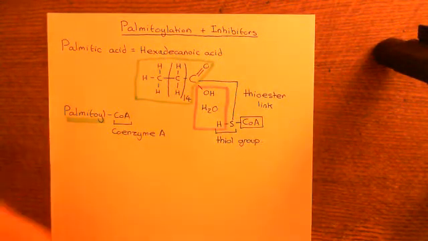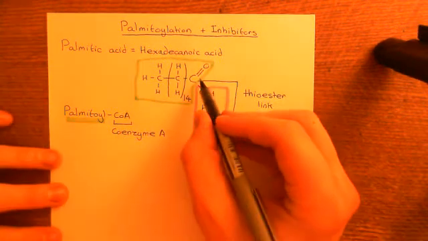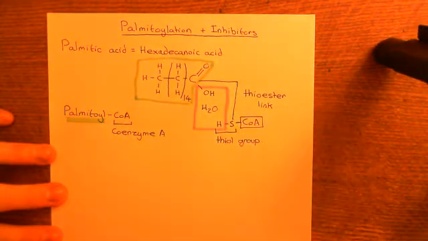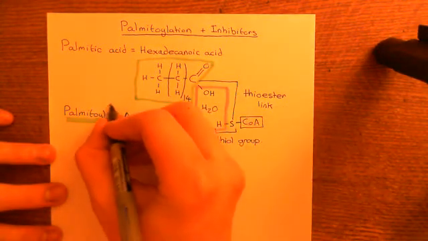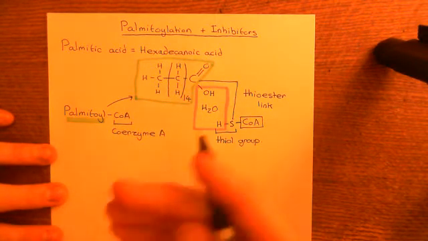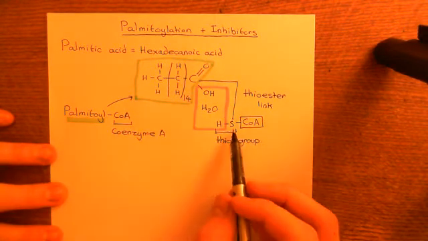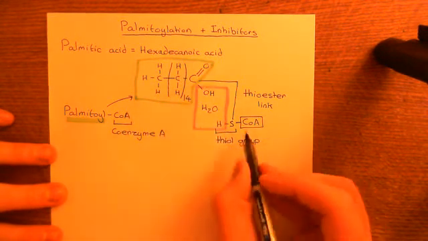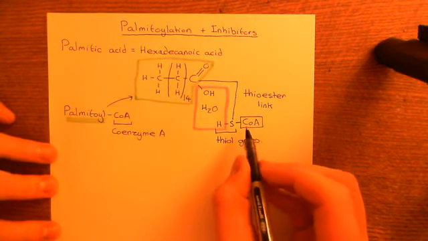Instead, we're just adding this group that I've now circled in green without the alcohol group of the carboxylic acid group. Okay, and this group here that I've circled in green is called the palmitoyl group, and that's why this molecule is called palmitoyl-CoA, because effectively we've just taken the palmitoyl group and bound it to coenzyme A.